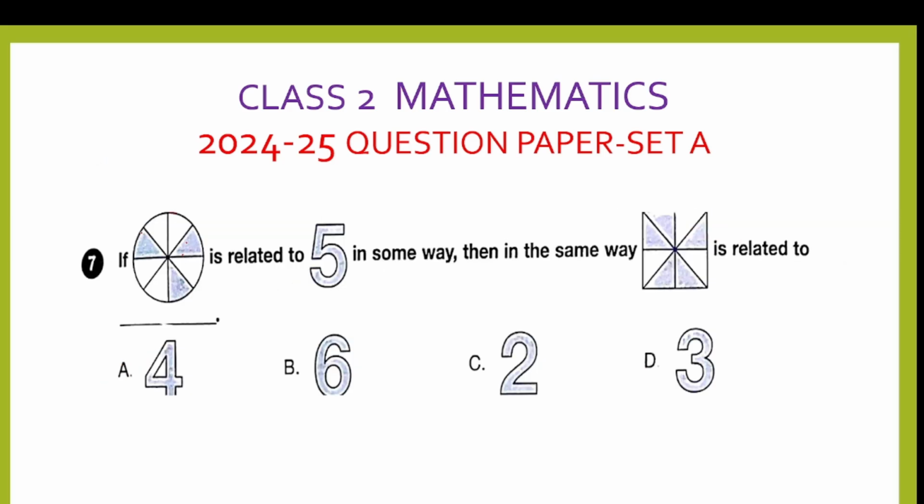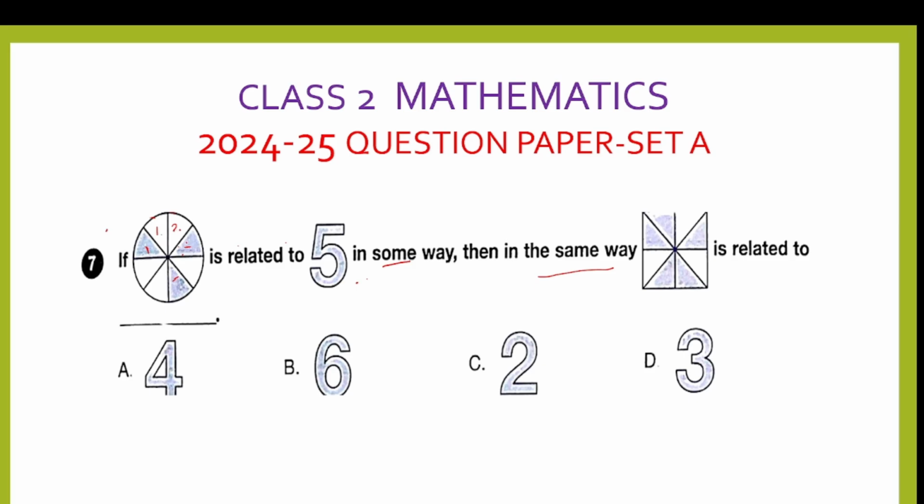If this circle is related to 5 in some way, then in the same way this square is related to what number? Again here we have to observe this question. Look at this circle. If you observe, there is a circle and there are shaded regions. Here is a shaded region and here is a shaded region, so this is 1, 2 and 3 shaded regions, and the remaining parts are unshaded.